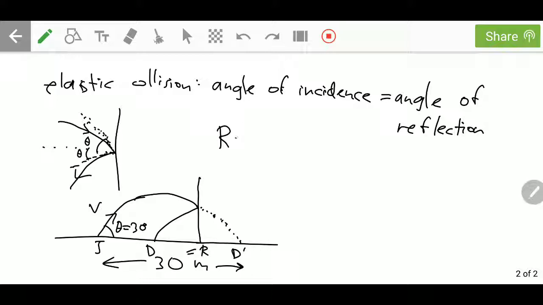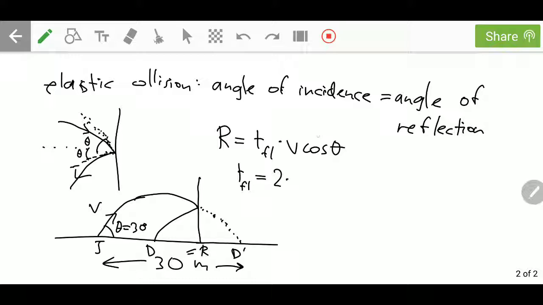So R, the total range, will be the total time of flight multiplied by the horizontal speed, which will be v cosine theta. Now the time of flight is just 2 times the amount of time it takes for the ball to reach 0 vertical velocity.